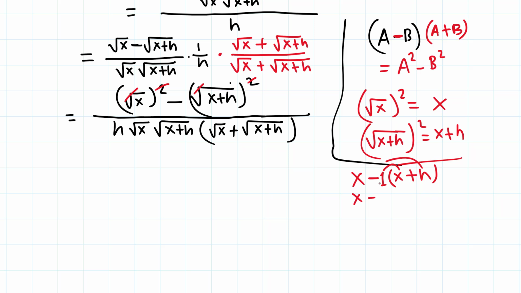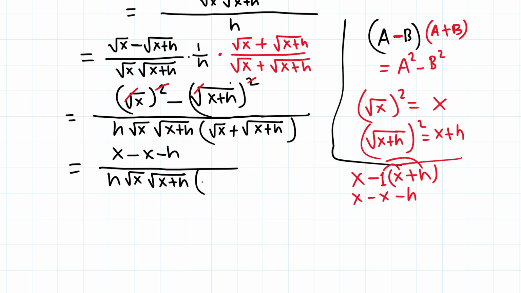So on the top it's x minus, distribute the negative sign now, because the radical sign is gone, so we can and have to distribute. On the bottom, h, root x plus h, root x plus h.